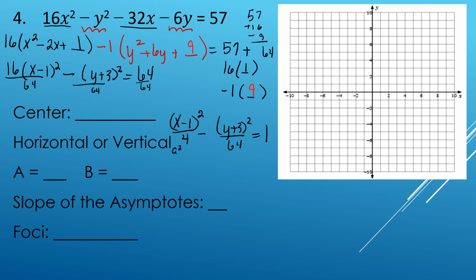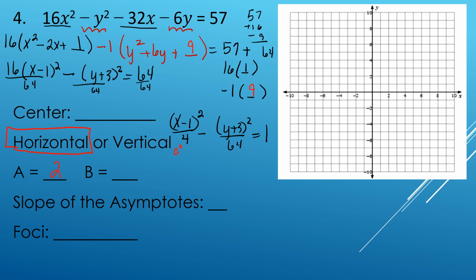That's always true. But in this case, it's definitely smaller than our b squared term, and that's perfectly fine. So a squared is under the x squared, making this a horizontal hyperbola. Again, another horizontal one. So if a squared is 4, our a value will be 2.